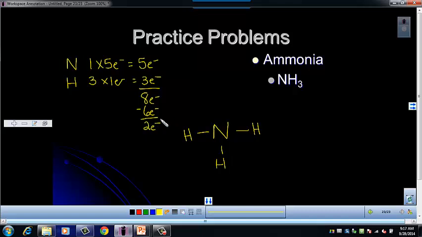All right, so what we need to do is look to see whether our outside atoms have a full octet. Now here's the thing about hydrogen. Hydrogen is in that first row. That 1s subshell is all that it has. Remember that that s subshell only holds 2 electrons. Hydrogen only has to have 2 electrons to get an "octet."